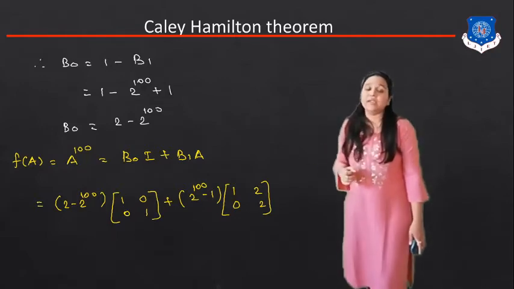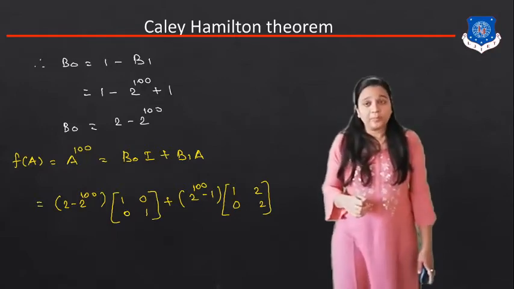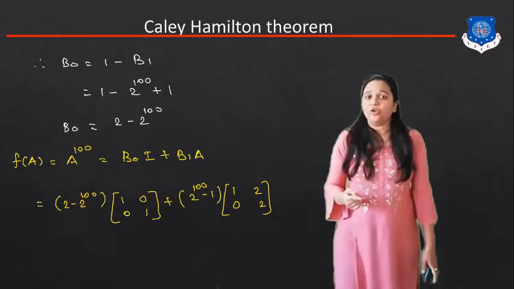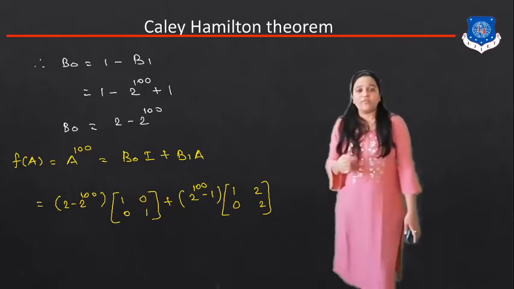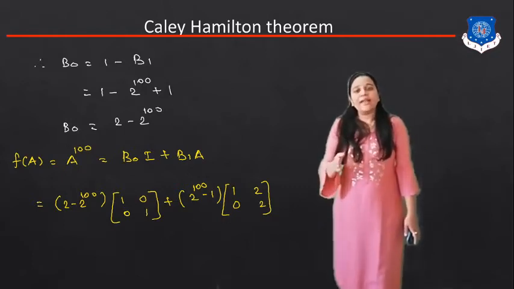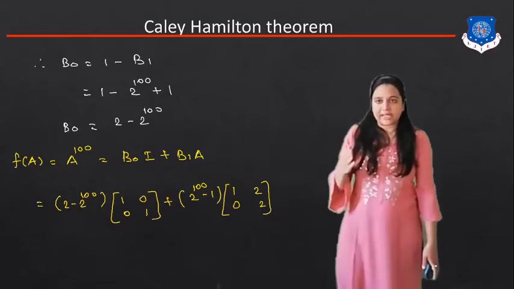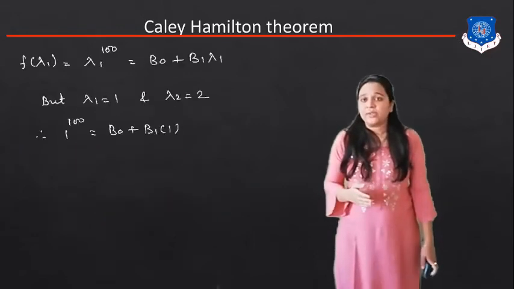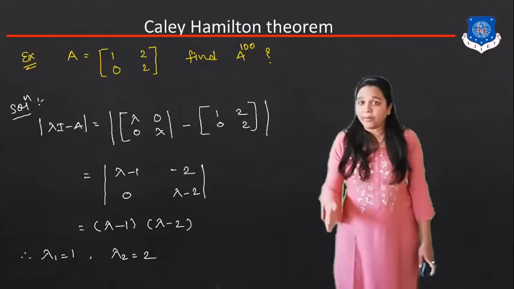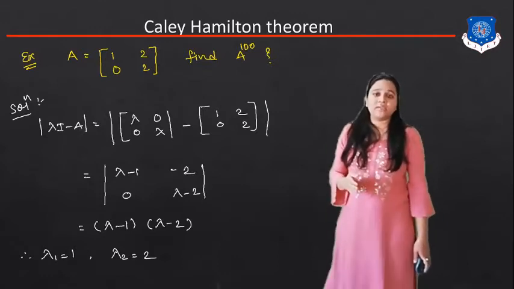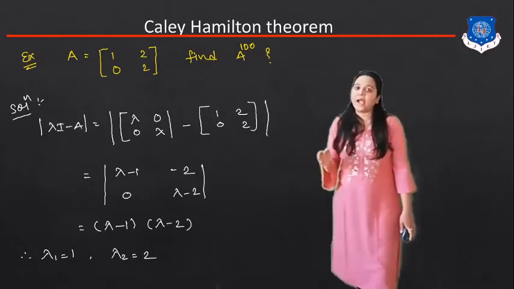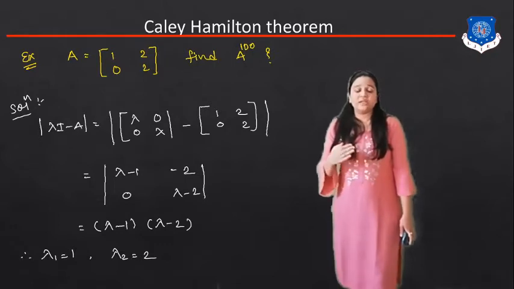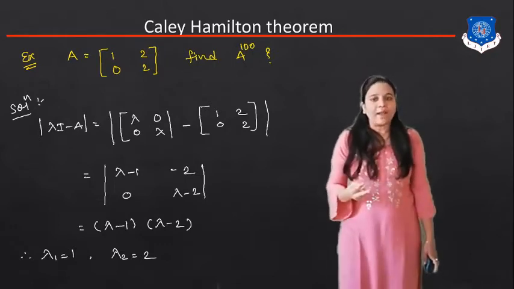So using the Cayley-Hamilton theorem, we can easily find the value of phi of k. Our first step is, the value of the matrix is given in this example. We have to find the value of lambda using the equation mod of lambda I minus A. Using this equation, we can get the two values of lambda.